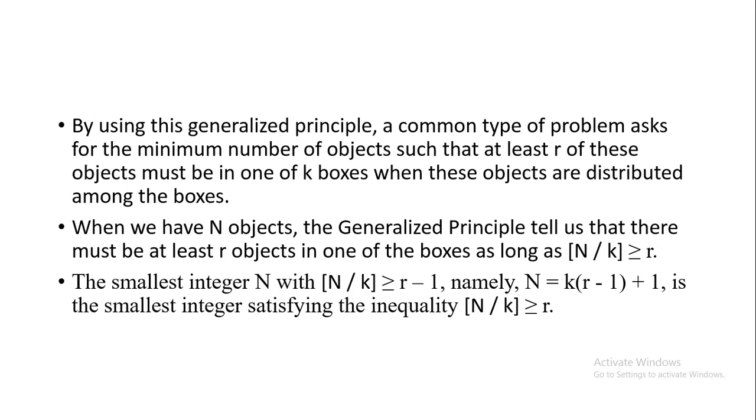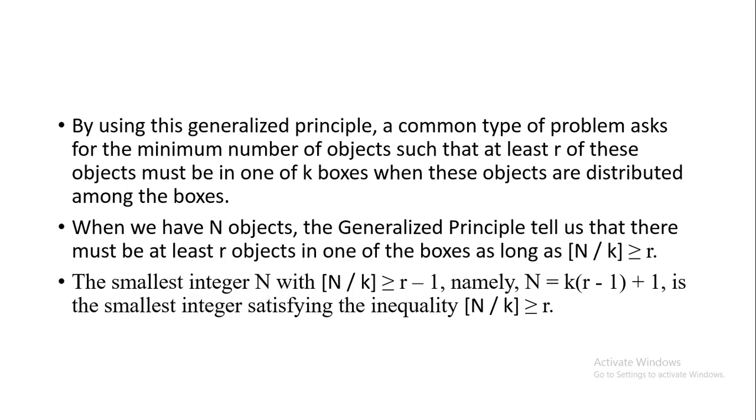So here we have to find the smallest integer n with n/k greater than r − 1, namely n = k(r − 1) + 1, which is the smallest integer satisfying the inequality ⌈n/k⌉ ≥ r.